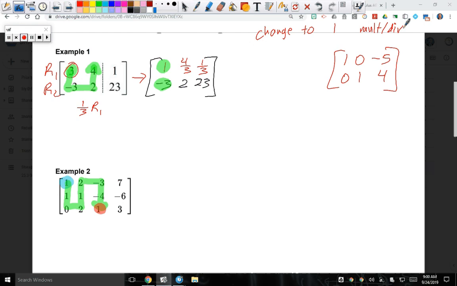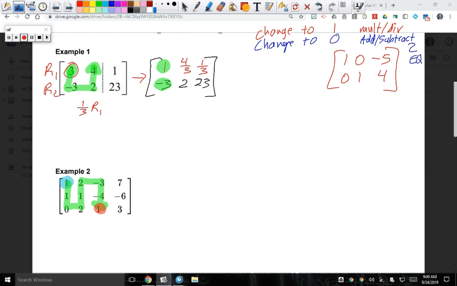But here comes the more involved part, okay? If you're going to change a number to 0, you're going to add or subtract two different equations. Two separate equations.